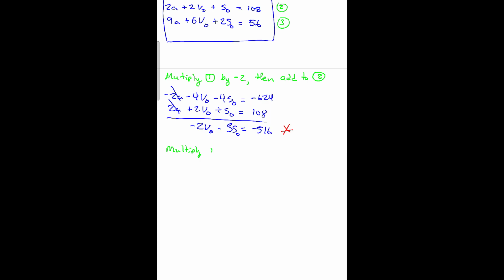So going back here, I'm going to multiply equation 1 by a negative 9 and then add to equation 3.